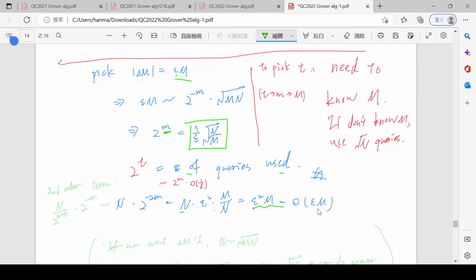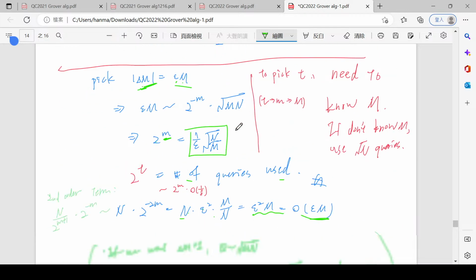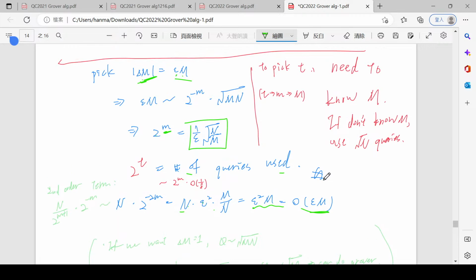So the extra term is smaller than the actual correction you get. Depends on how small your epsilon is. Okay? The smaller the epsilon is, the smaller this is. Ignoring this is less. But anyway, we only care about the order here.